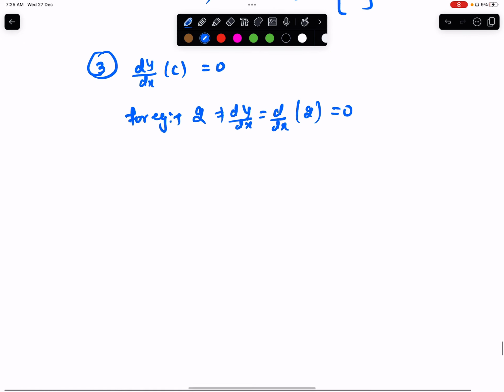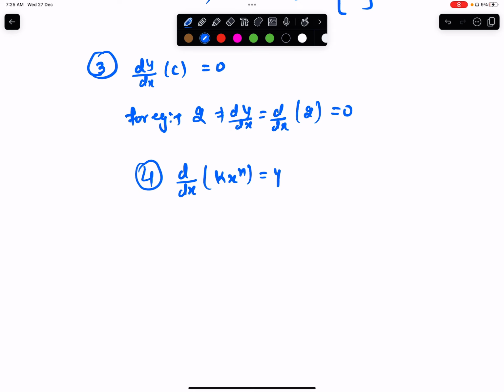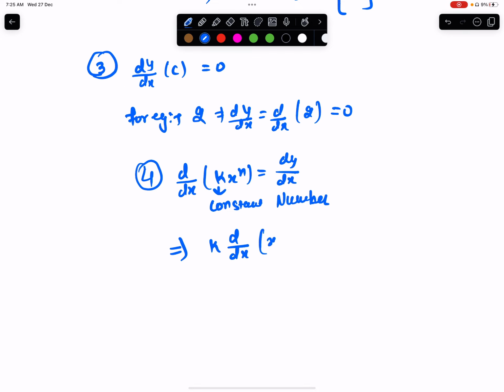Now we have the fourth property, the multiplicative constant rule, that is d by dx of k x raised to the power n. How will we solve that? Here k is a constant number. We will take k out, and then d by dx of x raised to the power n.